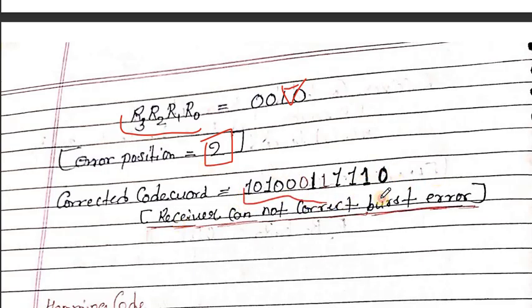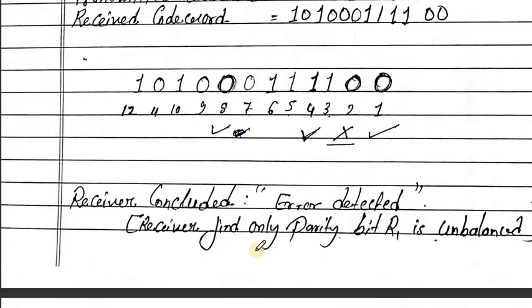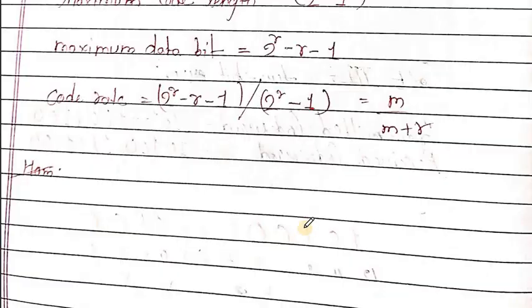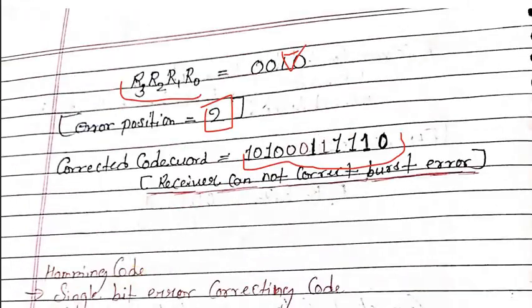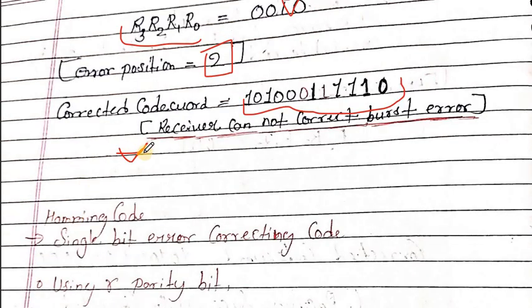After correcting that position, the receiver will get this string, but we see that the string is not the same as the transmitted string. If the receiver accepts this string, which is a corrupted string, the receiver will receive corrupted binary data, a corrupted frame.